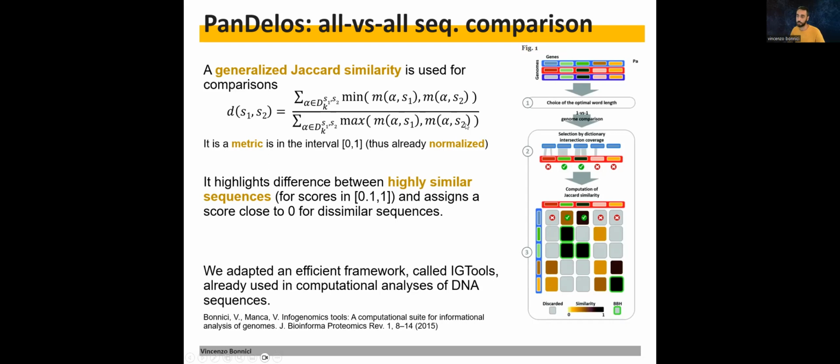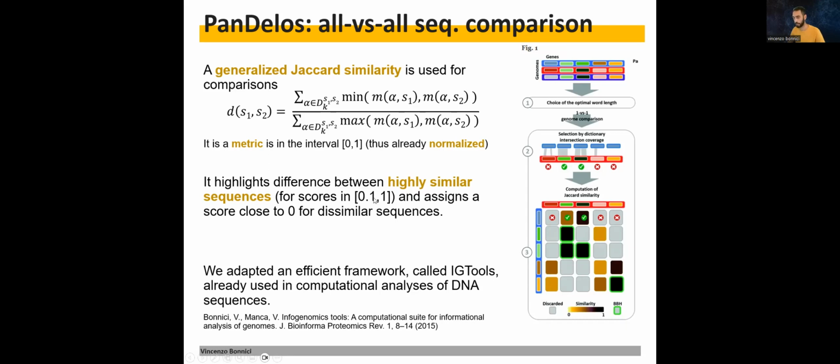This means that if a k-mer is not present in one of the two genomes, the minimum multiplicity is 0, so it adds nothing to the numerator, and the multiplicity in the sequence where the k-mer is present is added to the denominator. This is a metric, and it is in the interval 0, 1. So it is normalized, which means that it is a very good measure to be used.